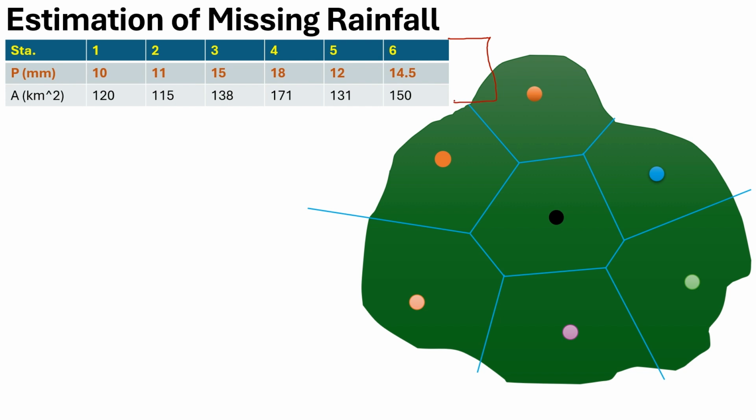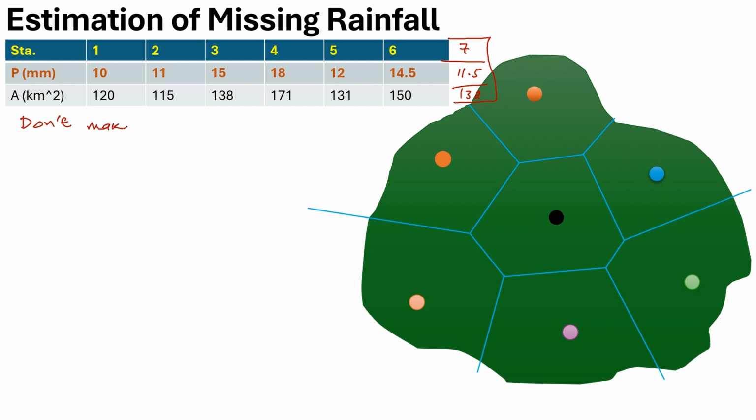For that, I have included an example. I will add the seventh rain gauge here, which has a precipitation of 11.5 millimeters and an area of 132 kilometer square. We don't need to make the units consistent.